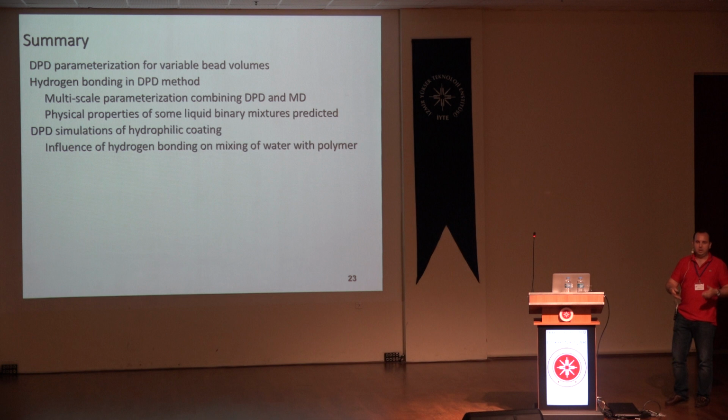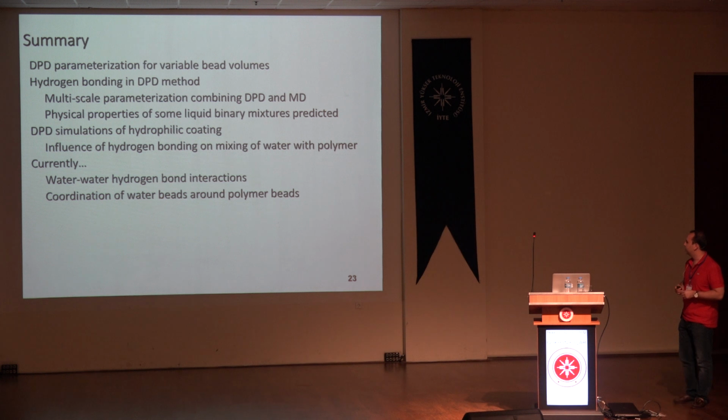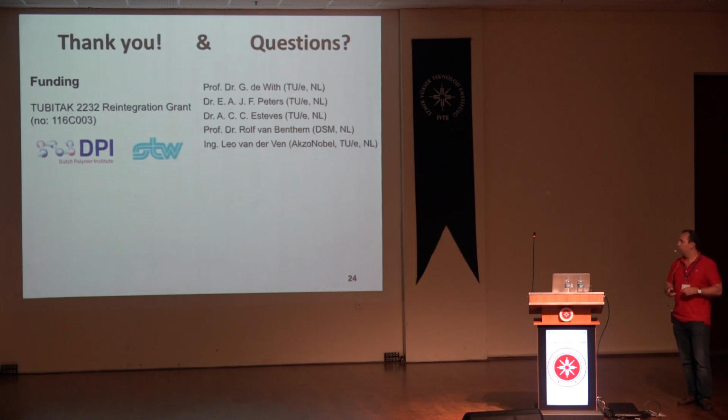And the outcome with respect to the structure and some physical properties of the hydrophilic coating. And currently, as I mentioned, we are working on the water-water hydrogen bonding interactions, which would eventually alter the local properties in terms of coordination of water beads around polymer beads. So first of all, I would like to thank you for your attention, and the rest for funding and my collaborators.